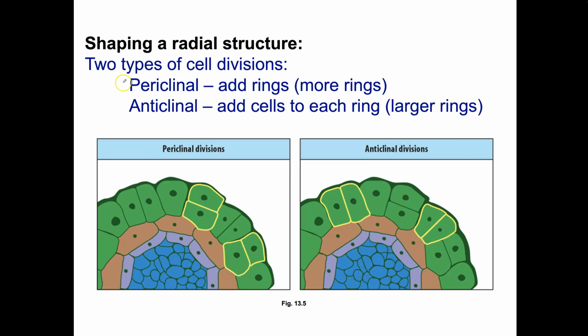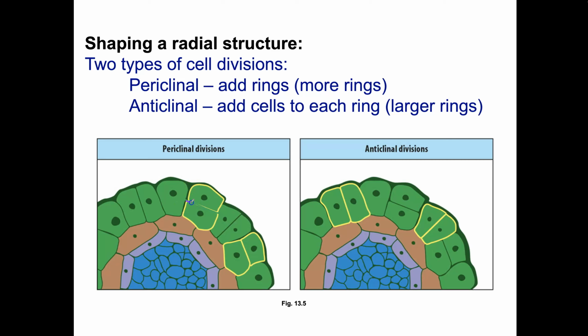Now, how do we shape this structure? There are two different types of cell divisions. There are periclinal. Peri means beside or around. Basically what happens, you've got these cells and they're forming this ring, and you want to form an additional ring. You want the ring to be wider, 2 cells thick instead of 1 cell thick.